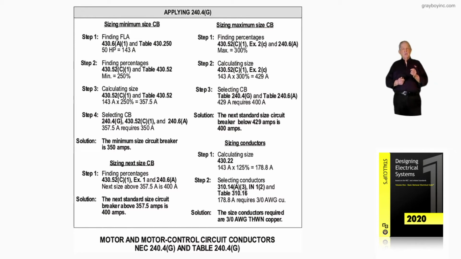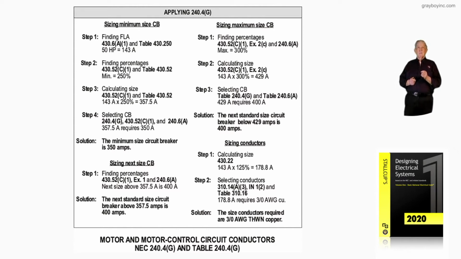Now, step 2, we would refer now to Table 430.52 and section 430.52(C)(1). The minimum percentage selected from that table for an inverse time circuit breaker uses 4 selection steps. 1, what type of motor is it?